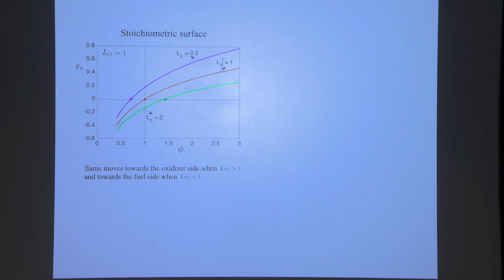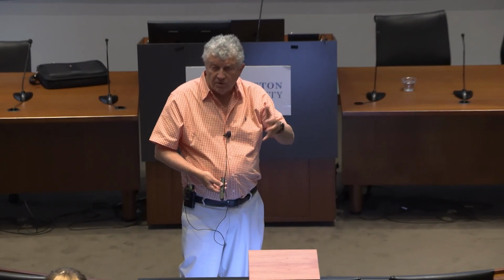Otherwise, you have just to maybe repeat, or maybe I didn't emphasize that enough, how does the Lewis number play a role here? You see, the Lewis numbers really show the competing effect of two things. Heat conducted away from the flame, and fuel or a certain reactant or mass diffusing towards the flame. And when Lewis number is 1, it's a symmetric situation, they are in balance.